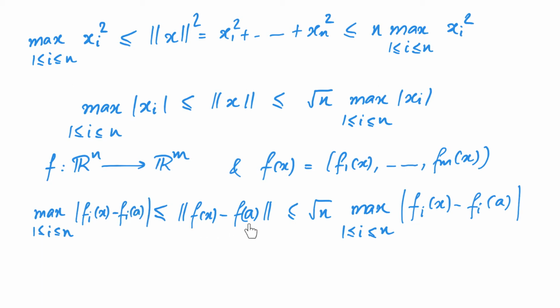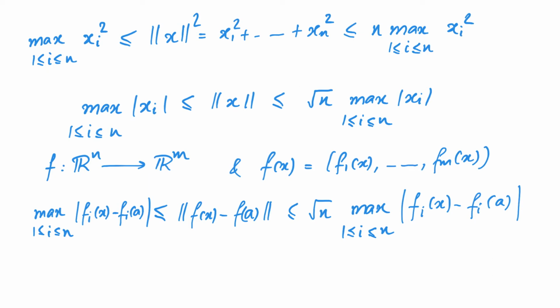Thus, making this small will ensure that this is small. So, in particular, mod of fi of x minus fi of a will be small. Similarly, if you ensure that mod of fi of x minus fi of a is small for all i, then we can ensure that this is small.